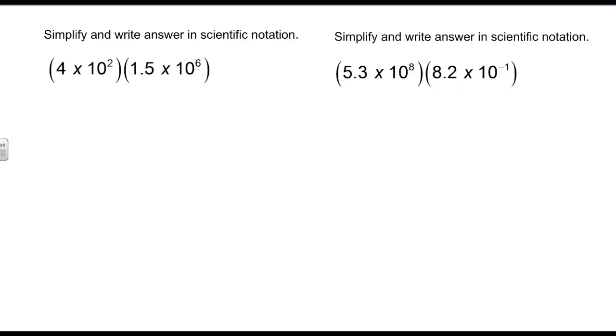We're going to combine the numbers in scientific notation, and the way to do that is to take a look at each of the two numbers in two parts: their real number part and their scientific notation part, or their exponential part. So I'm going to multiply 4 times 1.5, see what kind of answer I get out of that, and then write that.